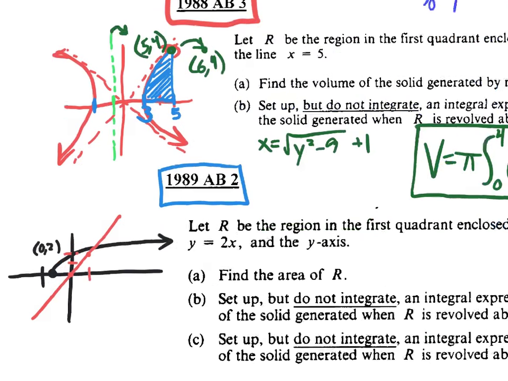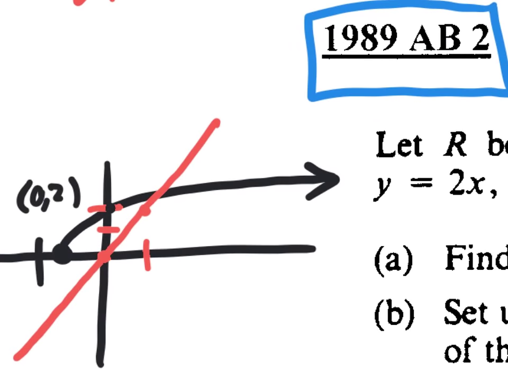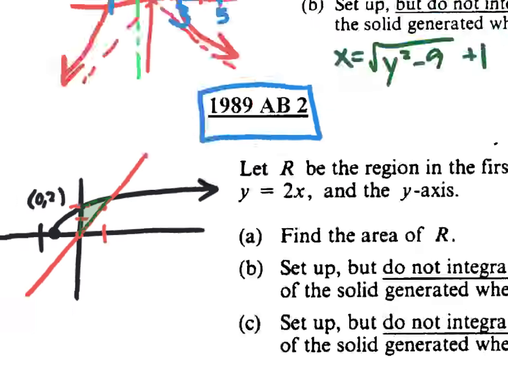Well, if I look closely, those two and the y-axis enclose this area right here. Just to clarify, we have this straight line, and we have this. So that's the area we're talking about.